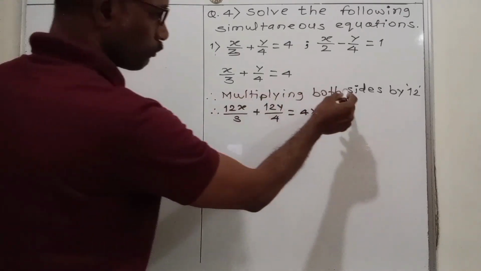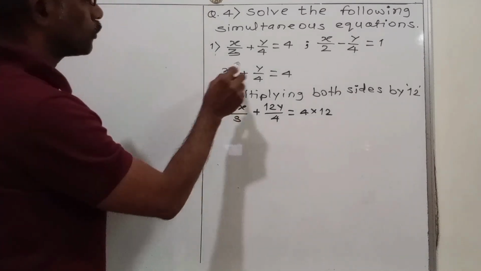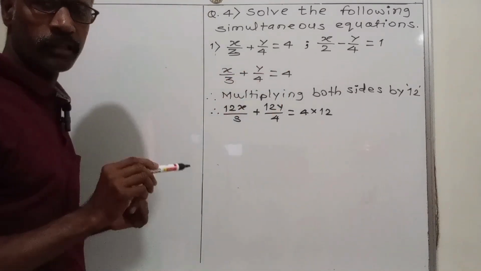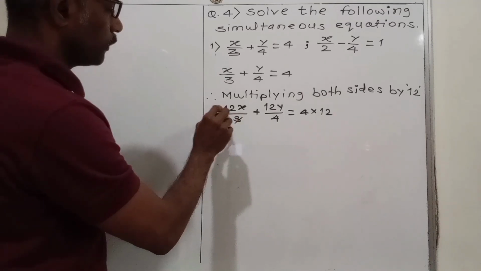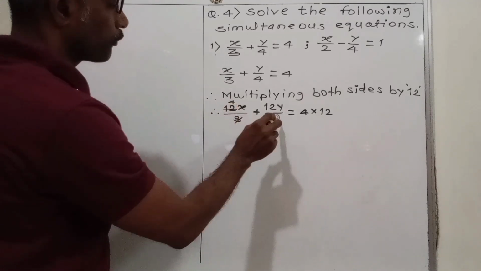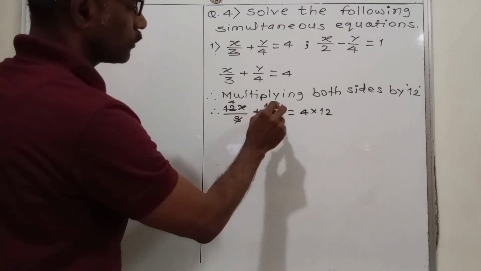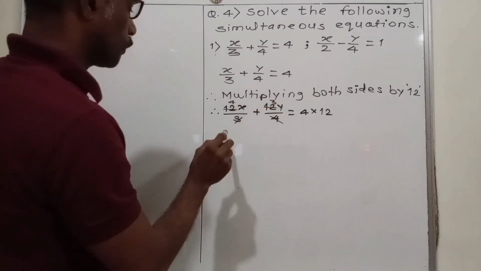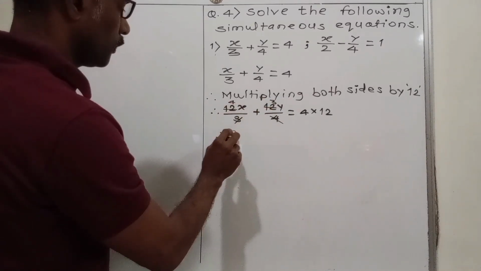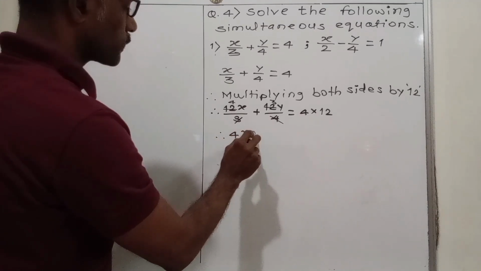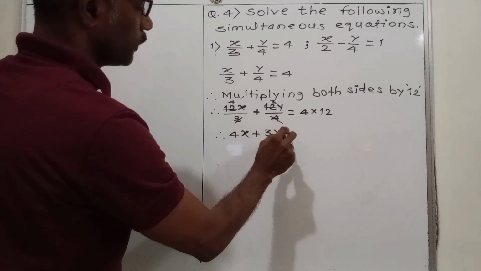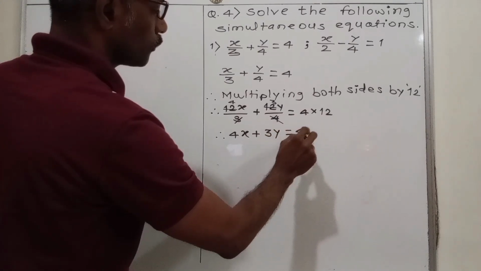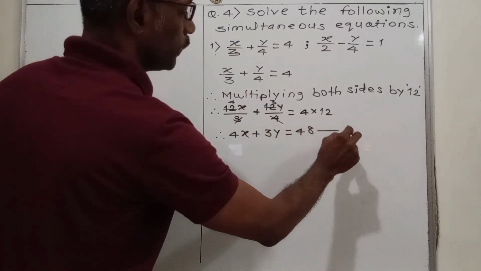Multiplying both sides by 12 means multiply to this, this and this. All terms. Okay, therefore 4x plus 3y is equal to 48.